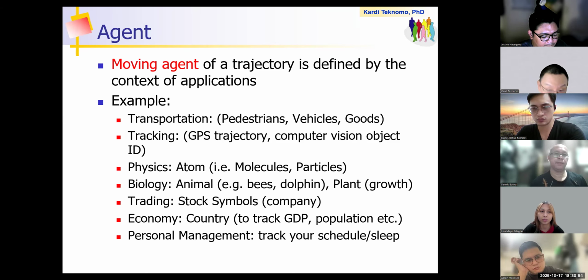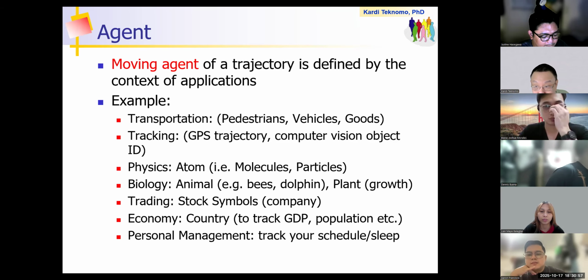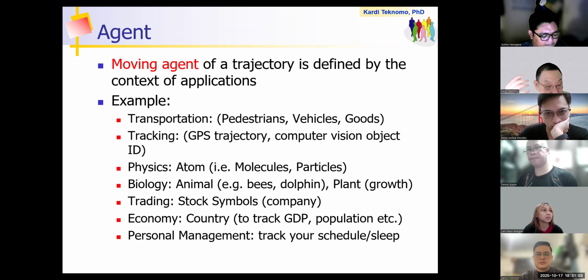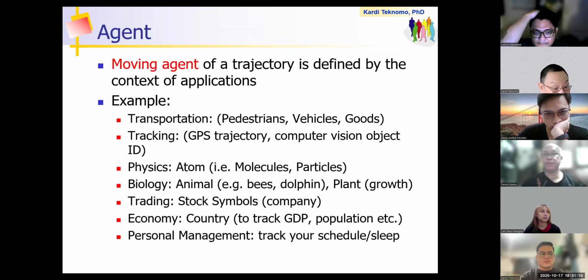These are trajectories also. In trading, each stock symbol has price and volume. You will have closing price, opening price, high price, low price, and so on. So this represents the feature space.